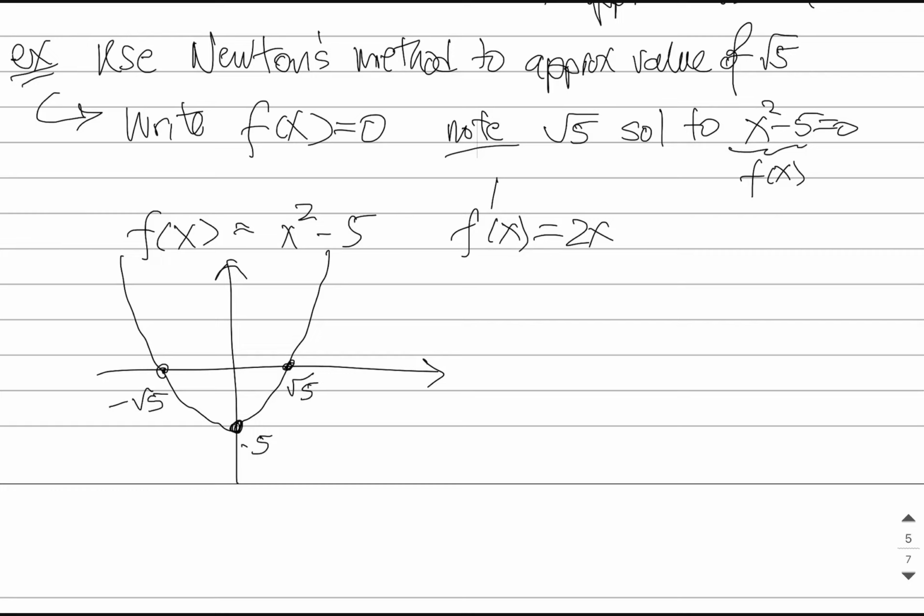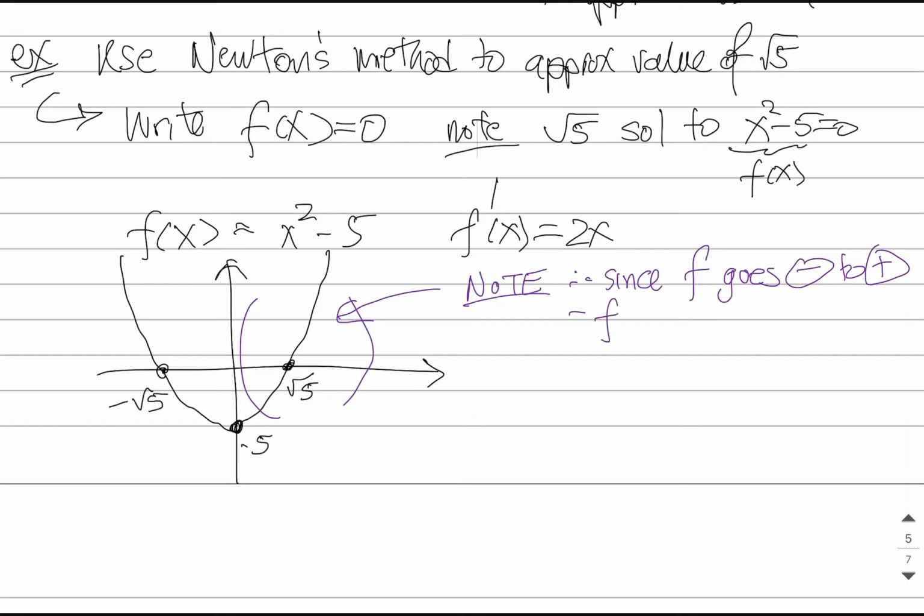Now, if I were to focus my attention here, since the function goes from negative to positive, and since f is continuous, the intermediate value theorem guarantees there must be a solution to this f of x equals 0.